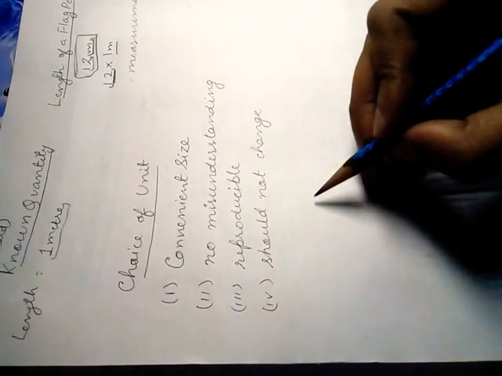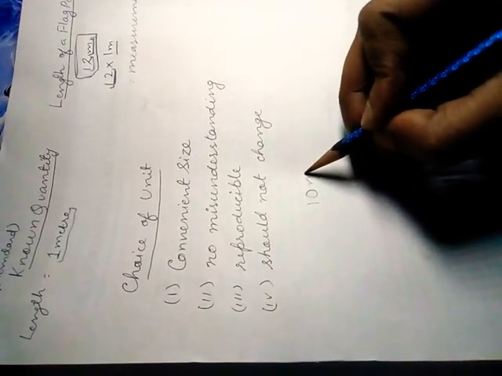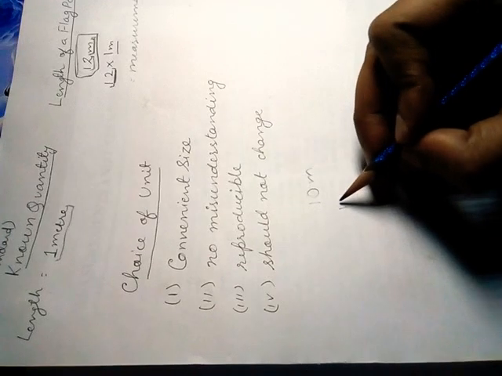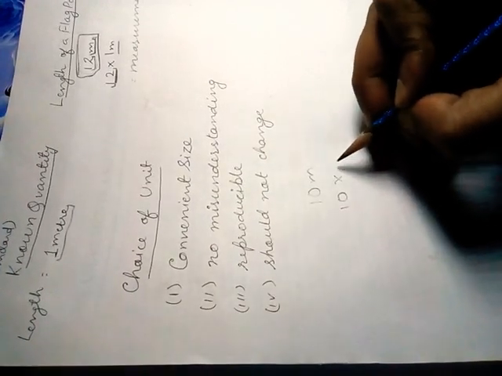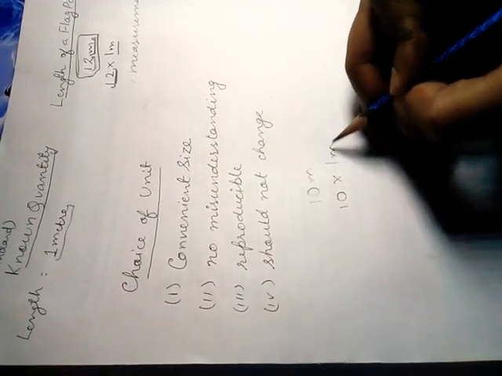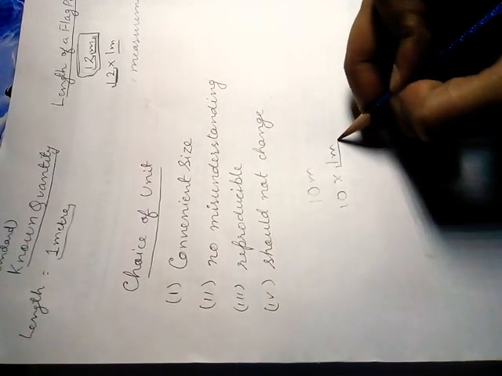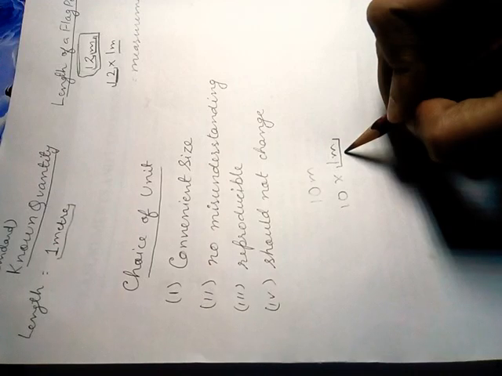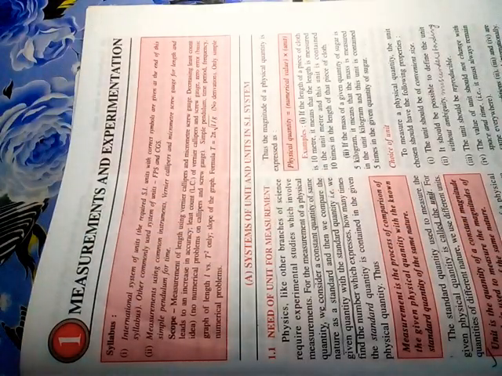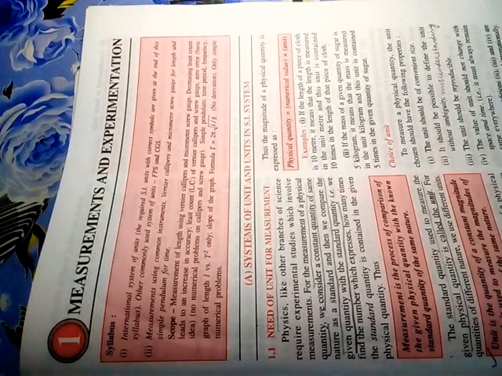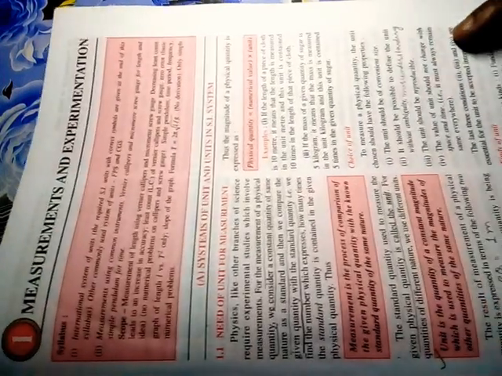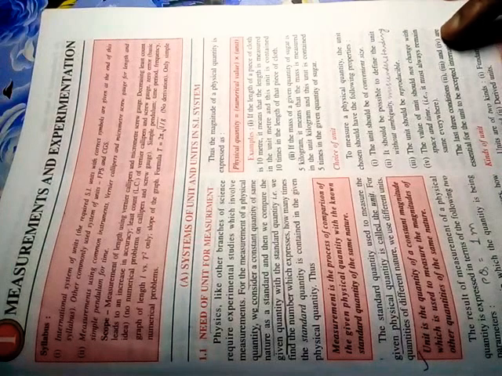That means it is 10 times 1 meter. That means whatever the length of 1 meter is, the length of the cloth is 10 times this length. Is it clear?